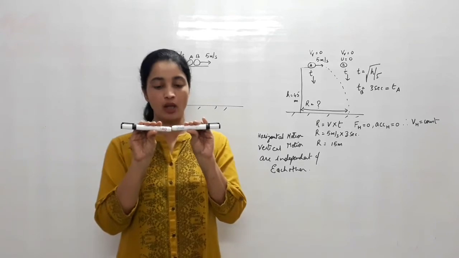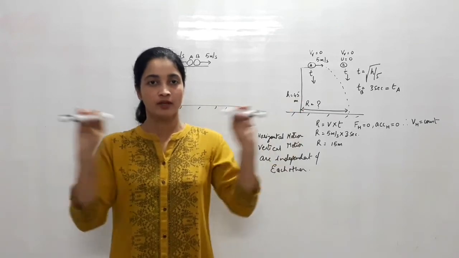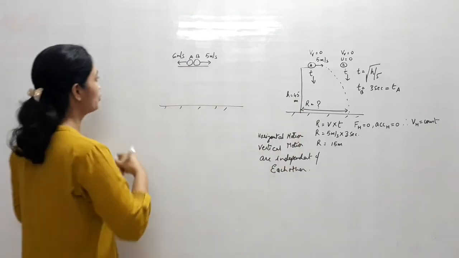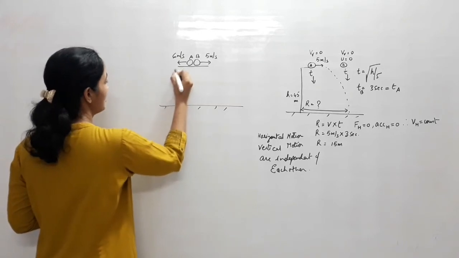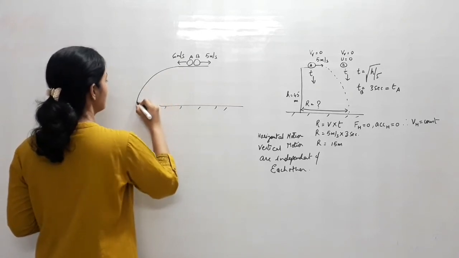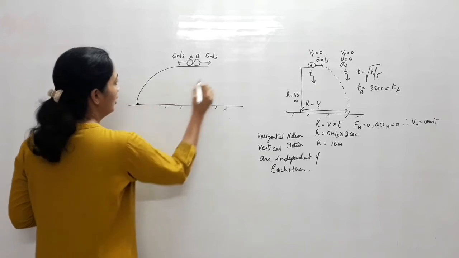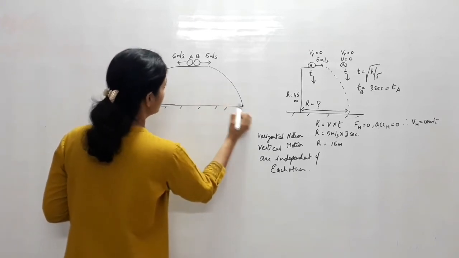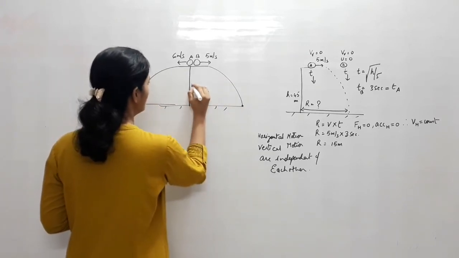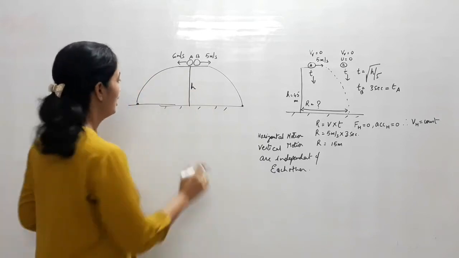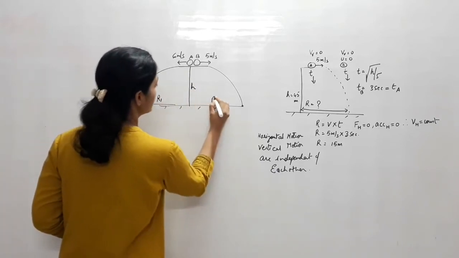So I have got two balls and I give them different velocities, simultaneously push them, and the height remains the same. So let us say one covers some distance and falls here, and the other covers some distance and falls here. This height h is same for both of them. Let us call this R1, this is R2.